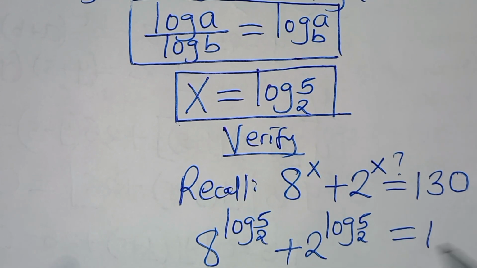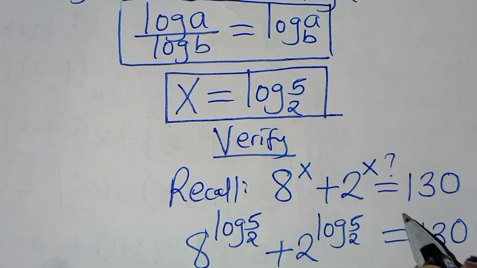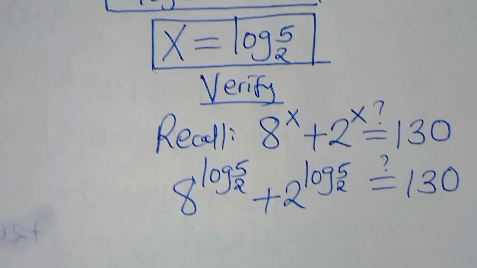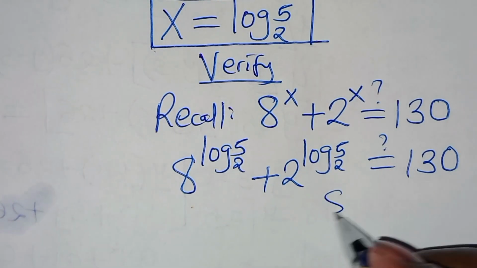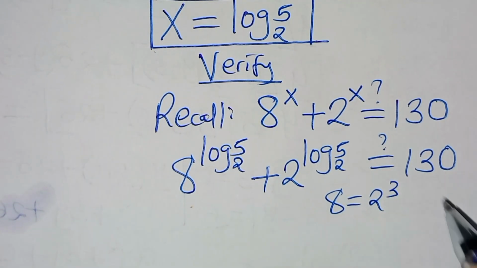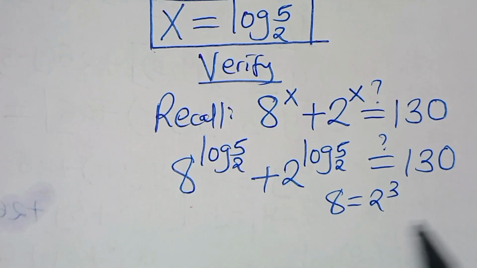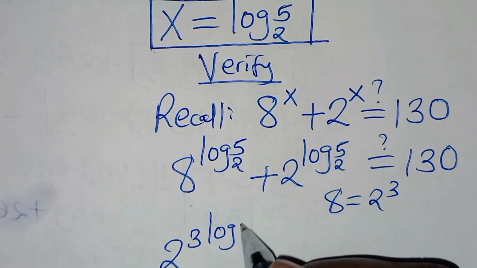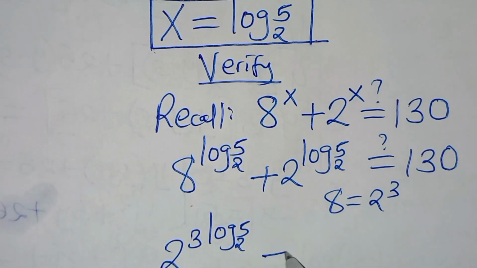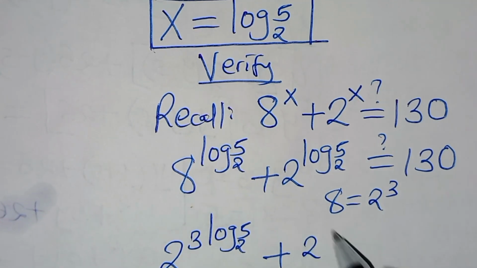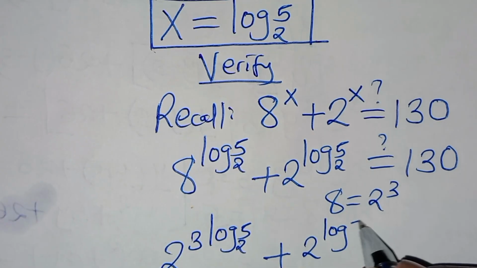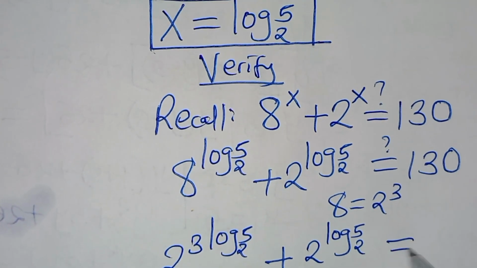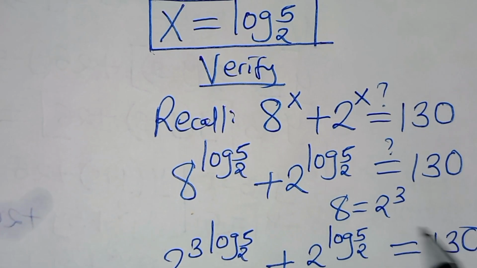This is supposed to give us a value of 130. We can express 8 as 2 to the power of 3. Substituting this becomes 2 to the power 3 log 5 to base 2, then plus 2 to the power of log 5 to base 2. This is supposed to give us a value of 130.